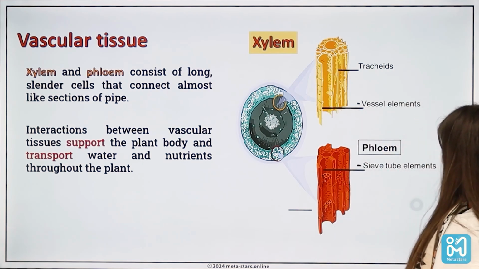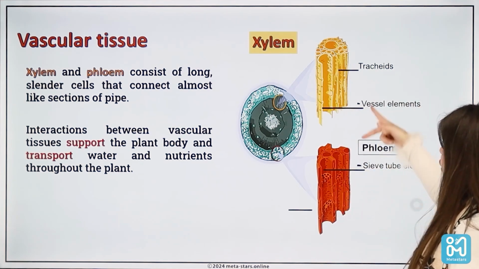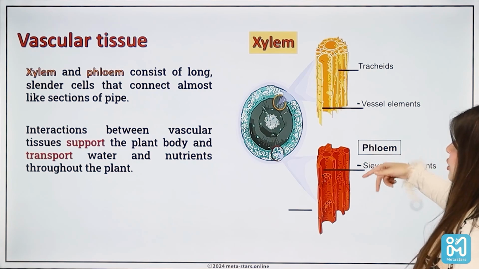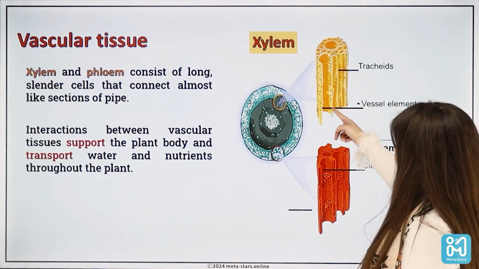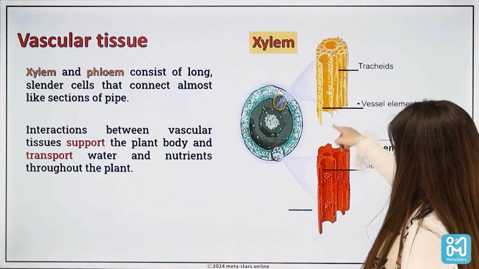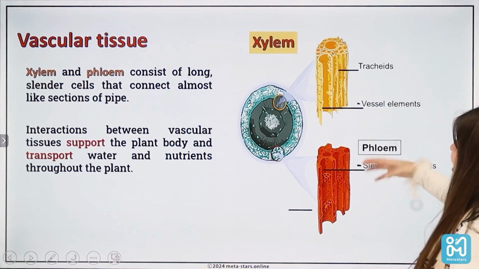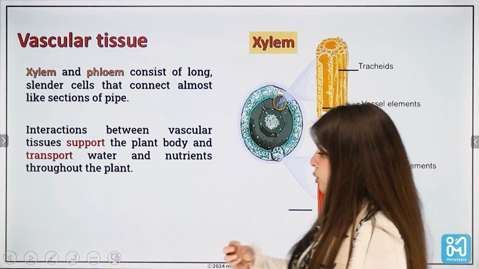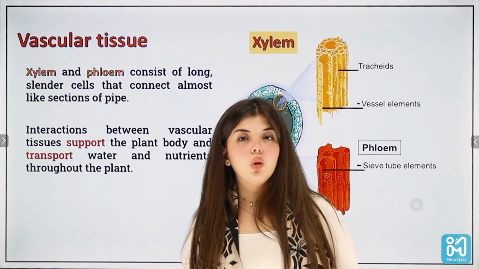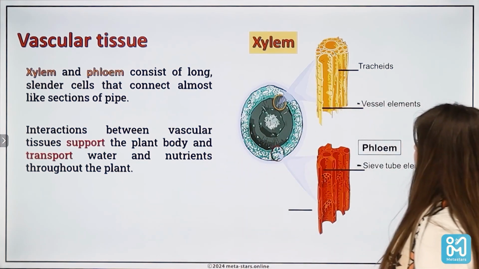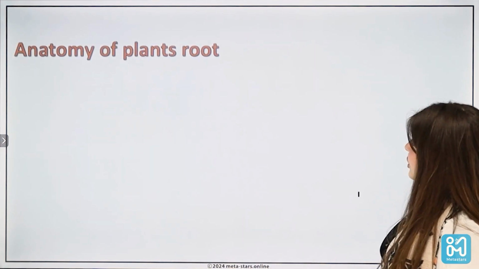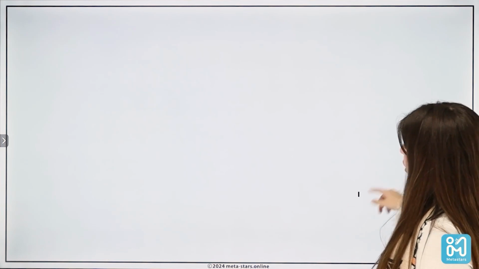So we have xylem and phloem, 2 types of pipes. The vascular tissue should interact with the dermal and the ground tissue in order to transport the food and the water correctly. Okay? By the way, the xylem is for transporting water and the phloem is for transporting nutrients.